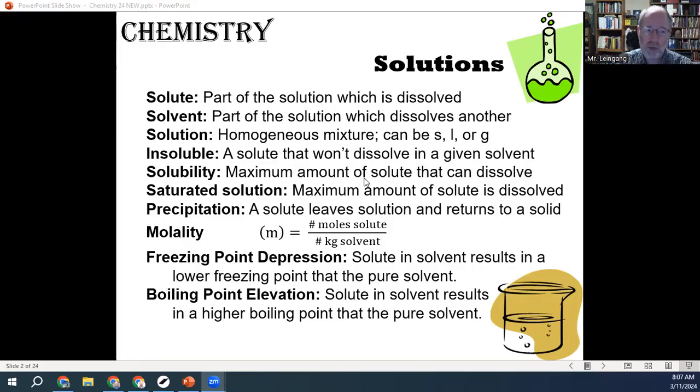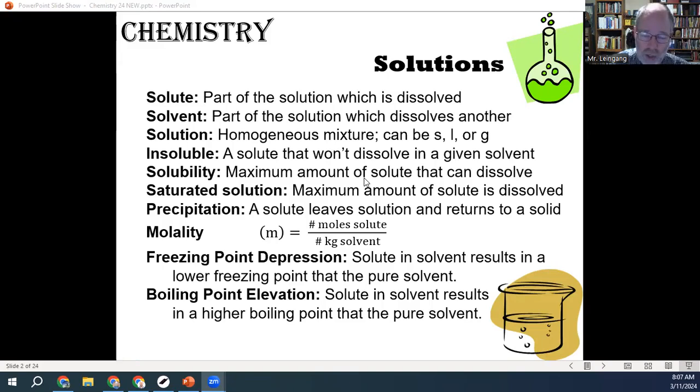So we did this unit on solutions. We did a lot of vocabulary talking about things that were soluble or insoluble, things that could become saturated or supersaturated, things that would dissolve, or things that would precipitate. And we talked about how to calculate the concentration of that.